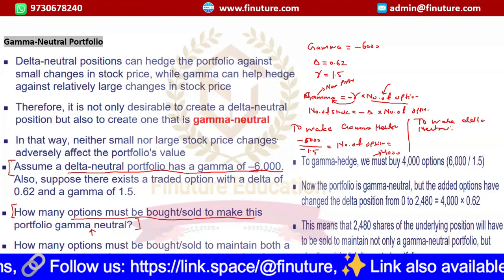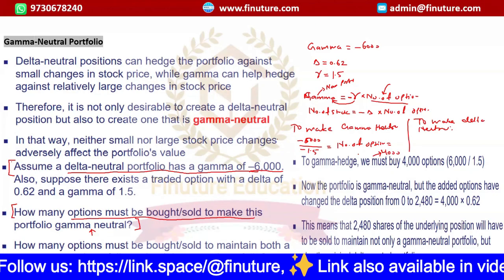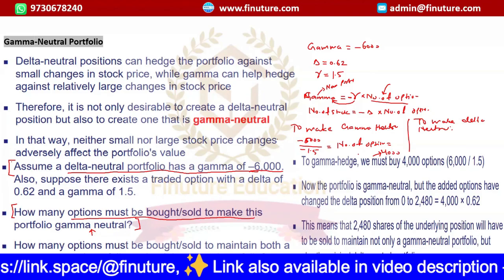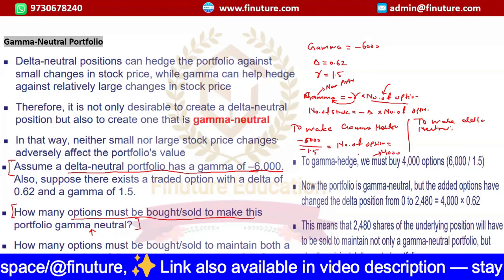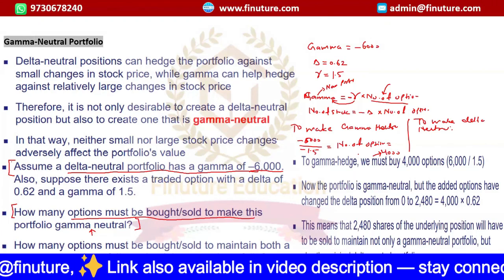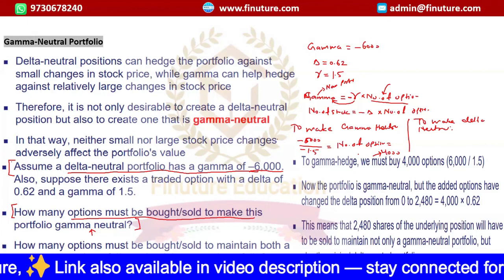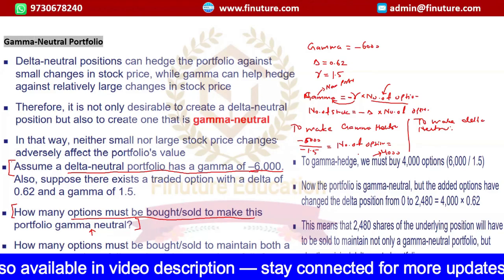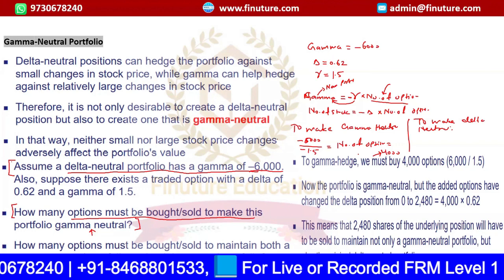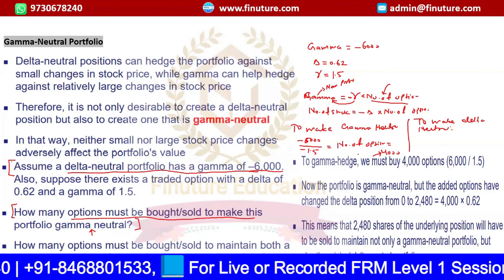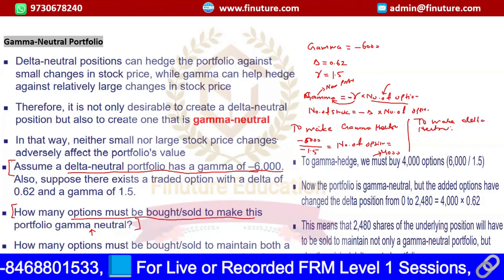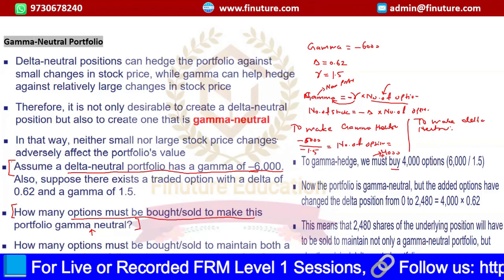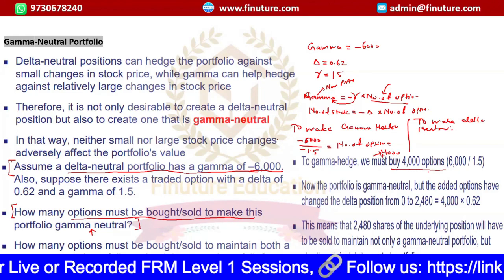Since gamma was already negative 6,000, why do we divide by negative 1.5 and not get a negative answer? We got a positive 4,000, and positive means buy. Okay, I see now.